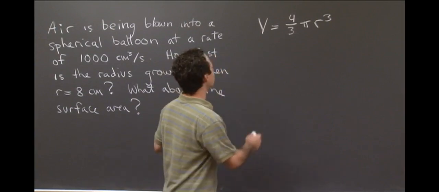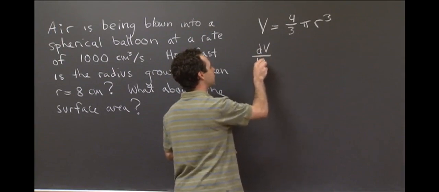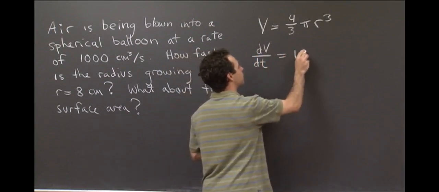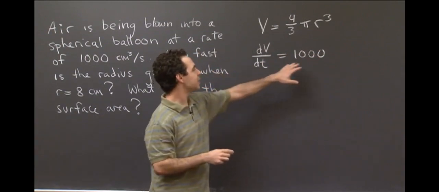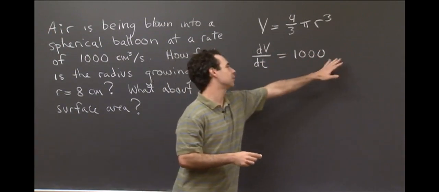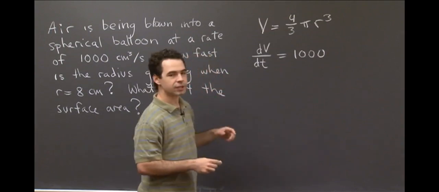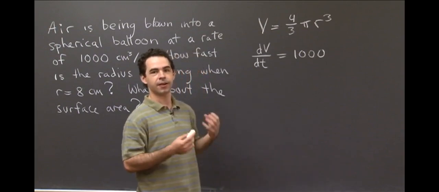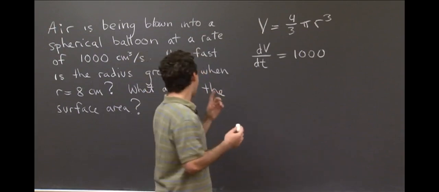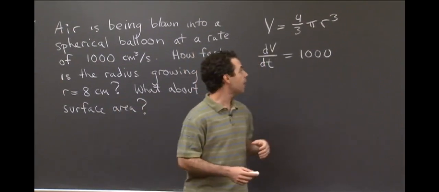And we're given also that the volume is changing at a constant rate of 1,000 centimeters cubed per second. So dV/dt is just given to be 1,000. Leave off the units at this point. So the question is, what is dr/dt? That's what we're trying to figure out: how fast the radius is changing at the moment when the radius is equal to 8 centimeters.